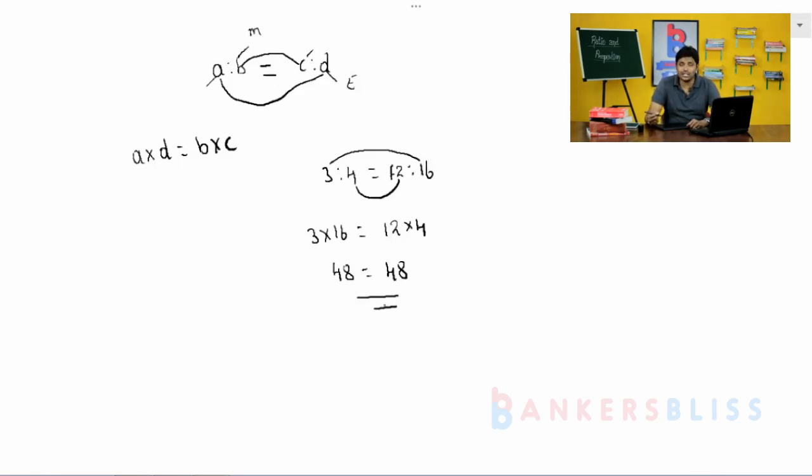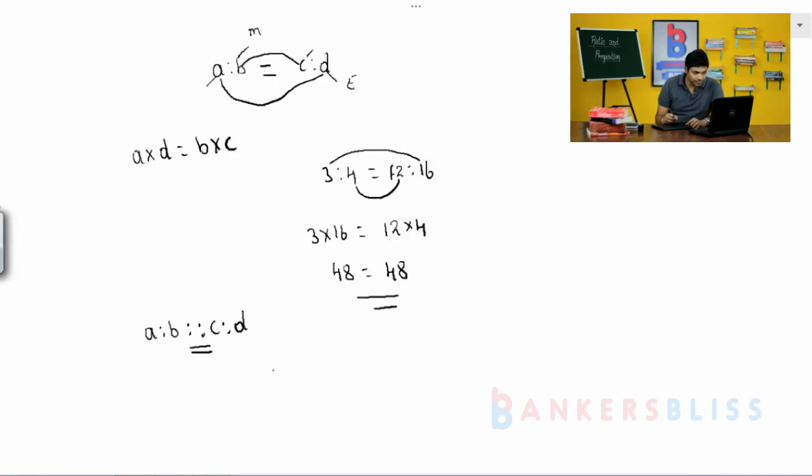These equalities can also be represented in a different format, that is, A is to B is as to C is to D. The equal sign is represented in this form, is as to, which means both ratios are equal. Then the terms are said to be in proportion.